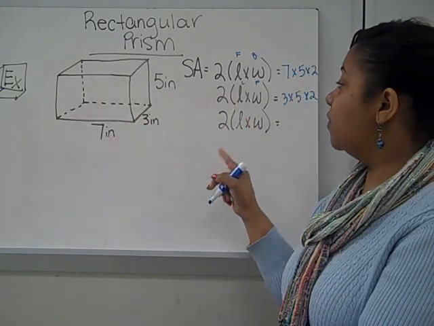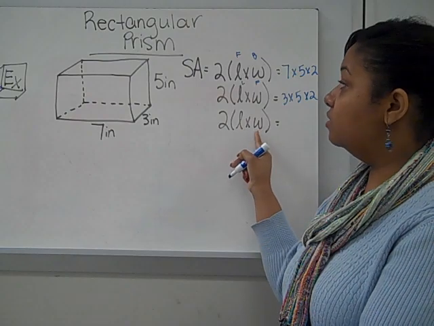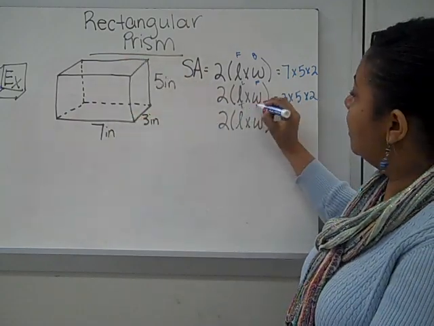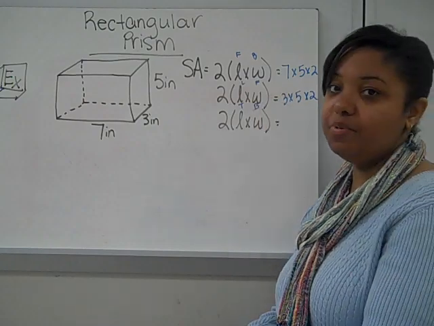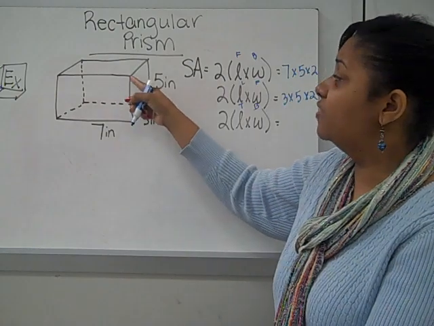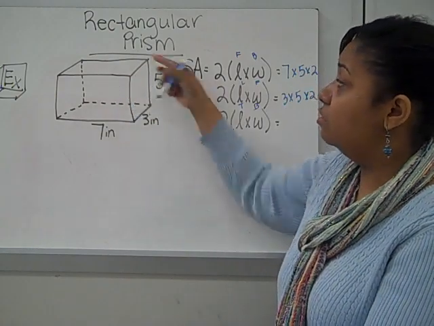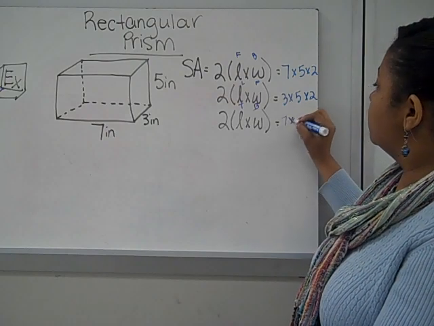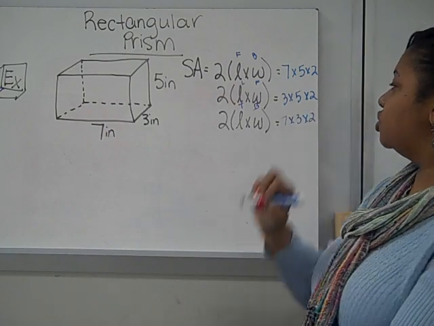The last part, 2 times length times width, that is your top and bottom. So put a little T and a little B so you'll know that's top and bottom. So on the top and bottom, your length is 7 and then your width is 3. So 7 times 3 times 2.